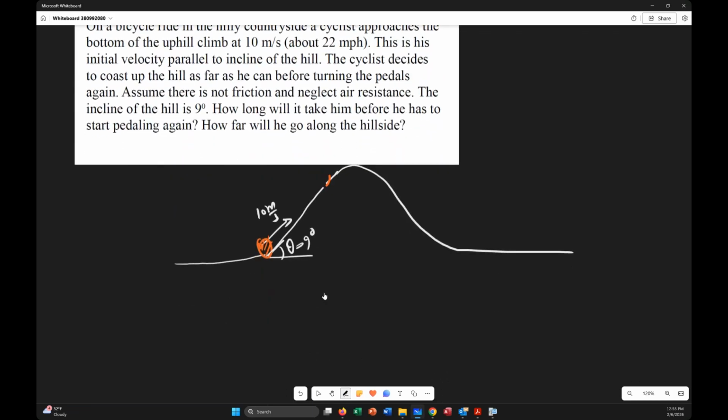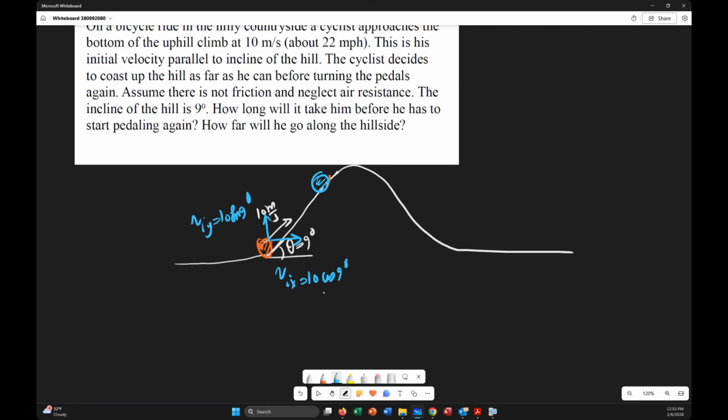So if we assume that this is an example of two-dimensional motion, again, we have Vix, which is going to be 10 cosine 9 degrees. Viy is going to be 10 sine 9 degrees. It reached some point, so we know that in the x-axis, the velocity is constant, doesn't change.